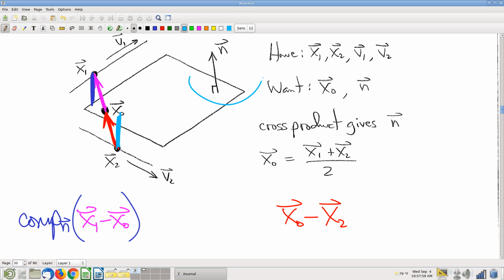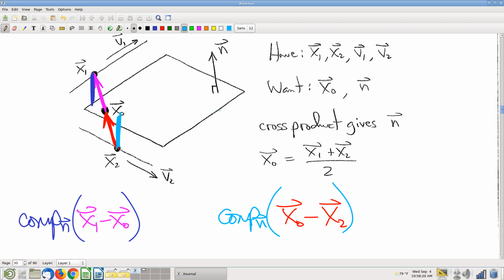In other words, it's the normal component of this red vector. So I've got formulas now for the two different distances that I need to compute.